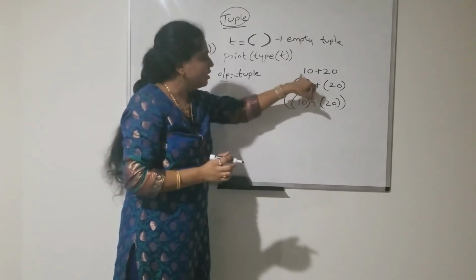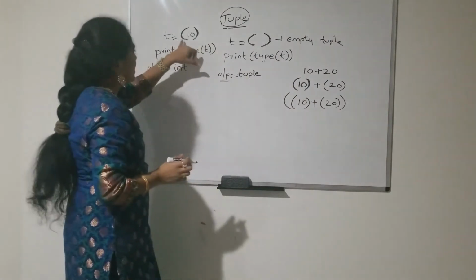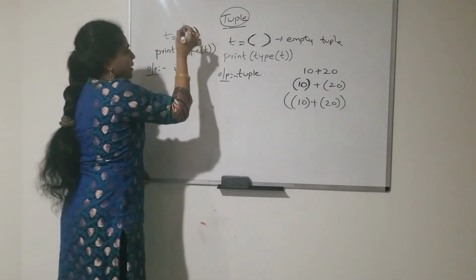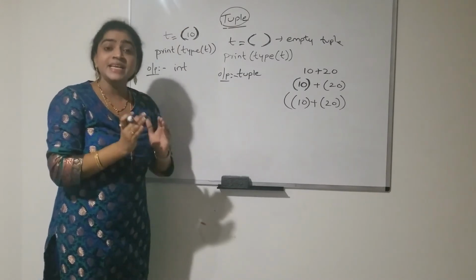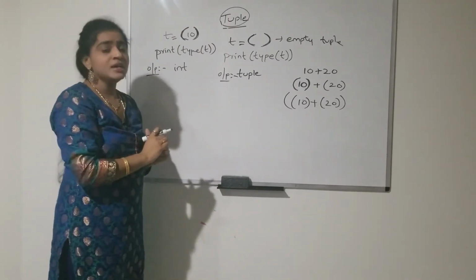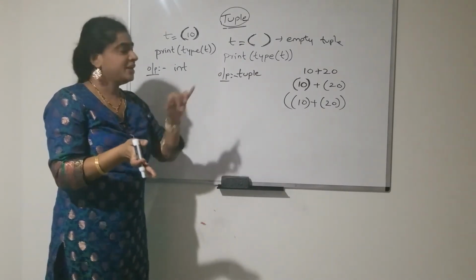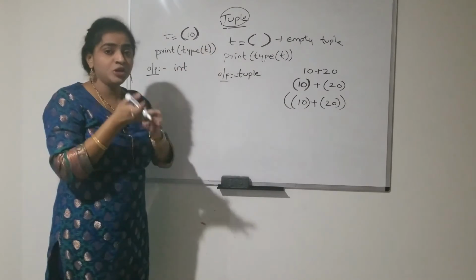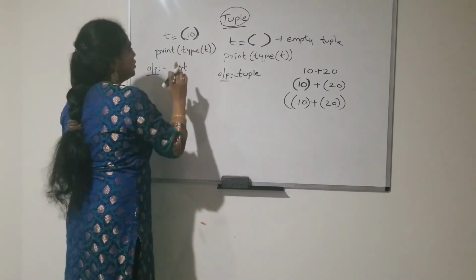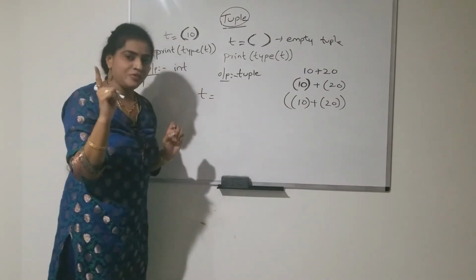This is allowed for integer representation, right? So in Python also, the interpreter will consider that as an integer data type, not a tuple data type. Got it? Suppose you want to tell the Python virtual machine that it is not an integer, that you are going to consider it as a tuple, then there is one notation you have to follow. This is only for a single element of a tuple.